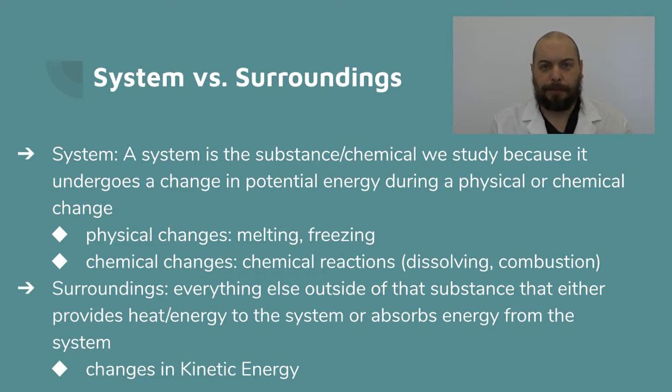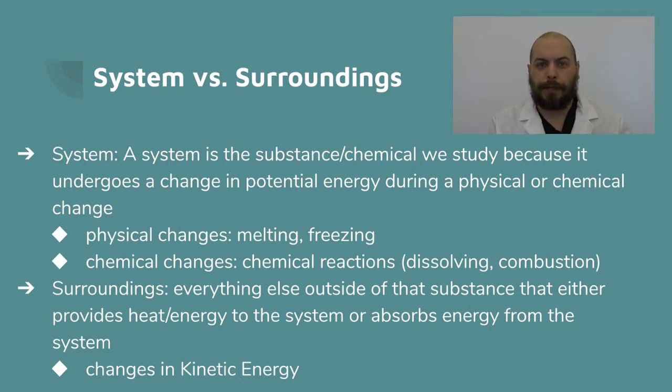A system is going to be either a chemical or a substance that we are going to be examining the energetic nature of. Now, the system can undergo a physical change, like melting or freezing, or it can undergo a chemical change through the course of a chemical reaction. In each of these circumstances, the system is going to be changing in its potential energy.